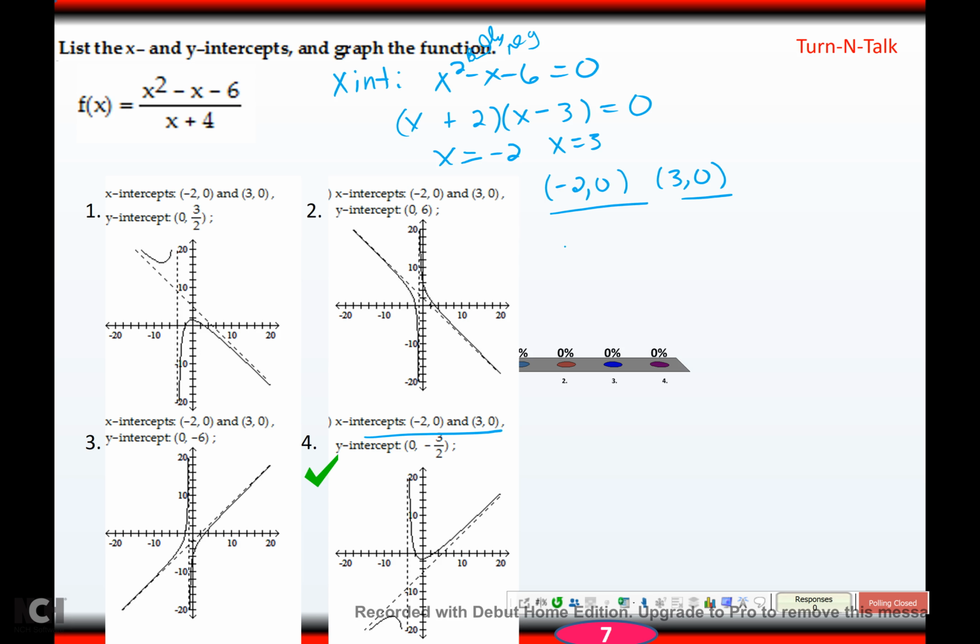Okay, my y-intercept, I'm going to find f of 0, which would be 0 squared minus 0 minus 6 over 0 plus 4. That's negative 6 divided by 4, which reduces down to negative 3 halves. So this thing crosses at negative 2, at positive 3.